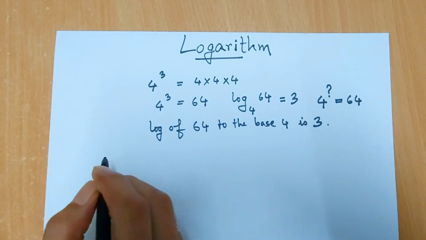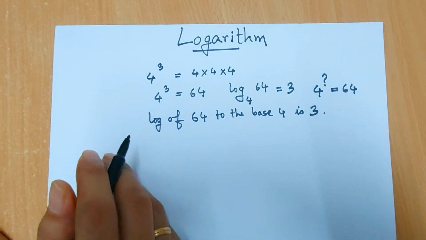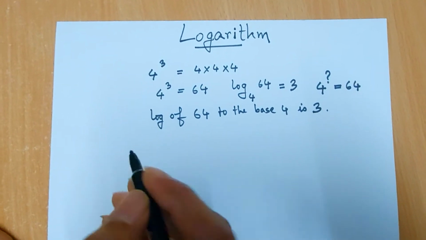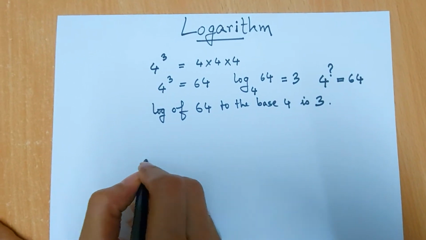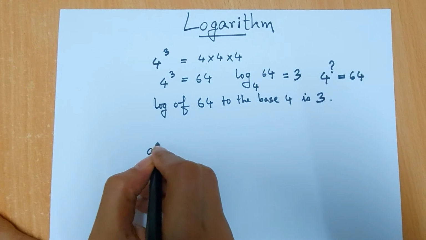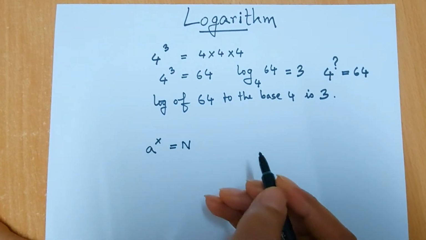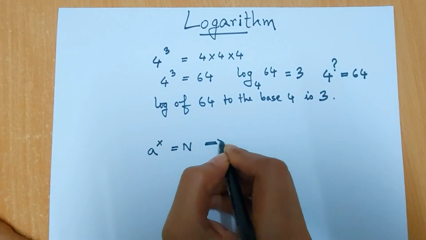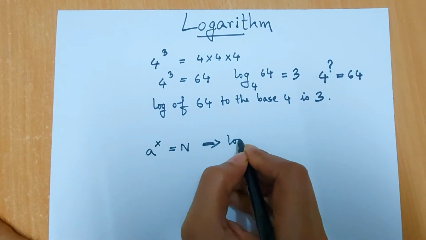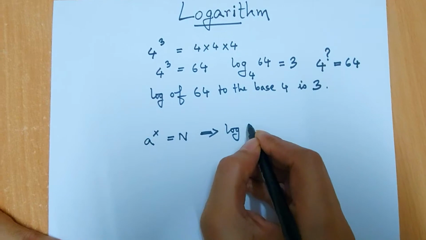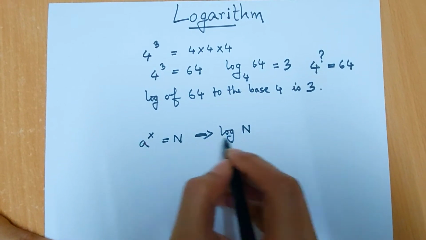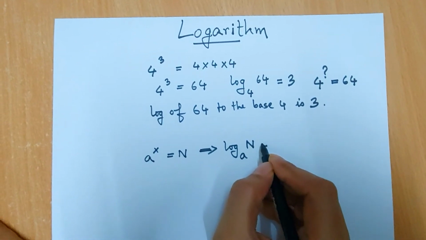If we place a formula with variables, it stands like: if a power x equal to n, then log of n to the base a equal to x.